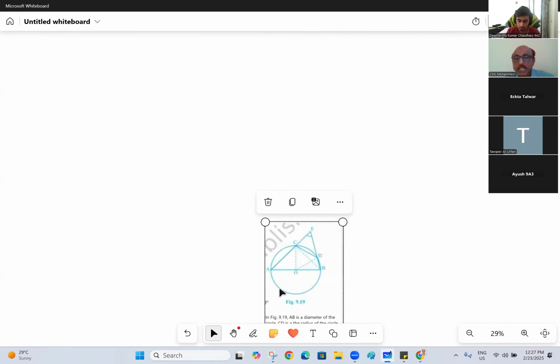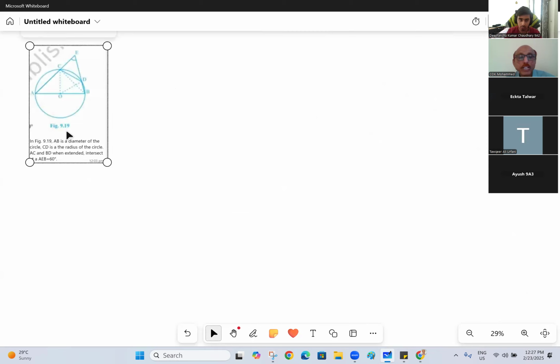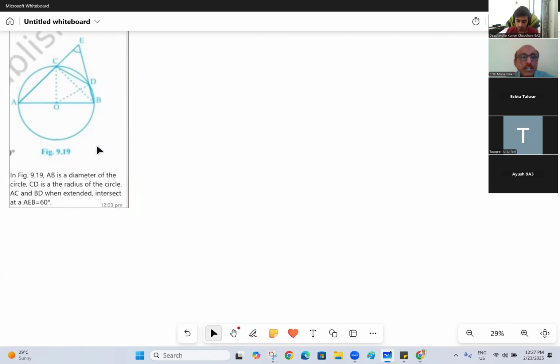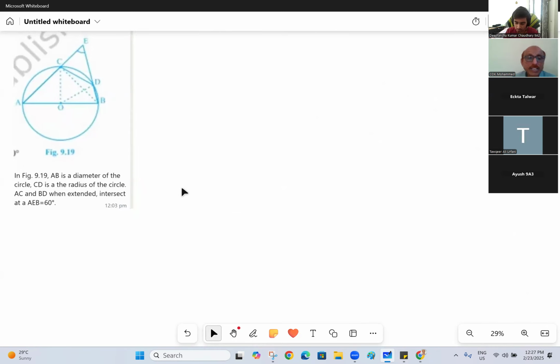This is the question Tawqir asked. AB is a diameter. This is a totally new question. When you get a question, it is better to always draw a figure.